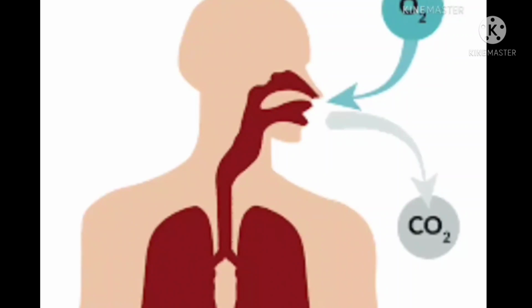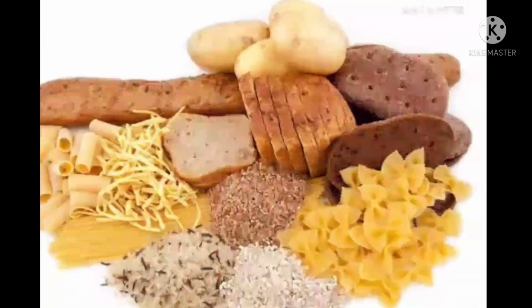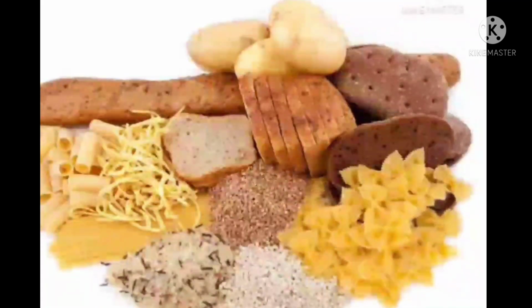We all know that we need energy to stay alive. From where do we get this energy? Through the food we eat, is it? During digestion, food is broken down into simpler substances. For example, rice, potatoes and bread contain carbohydrates.